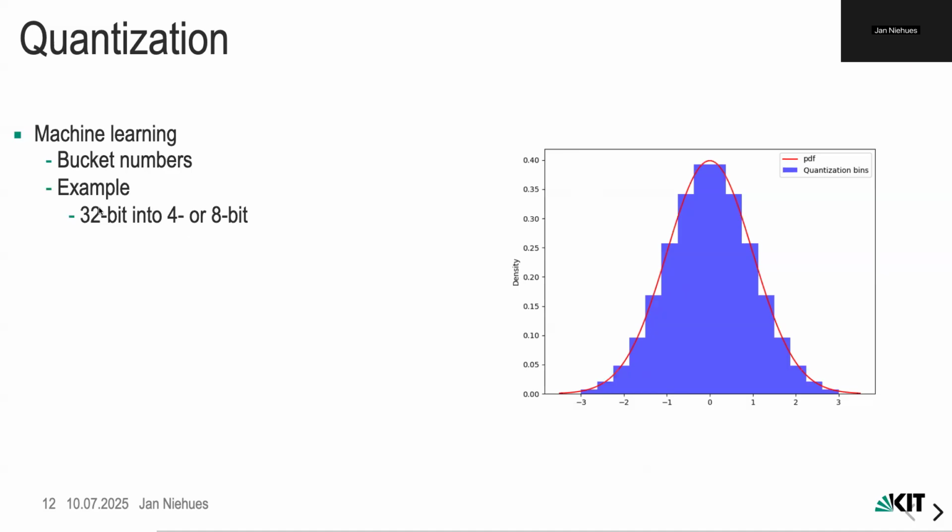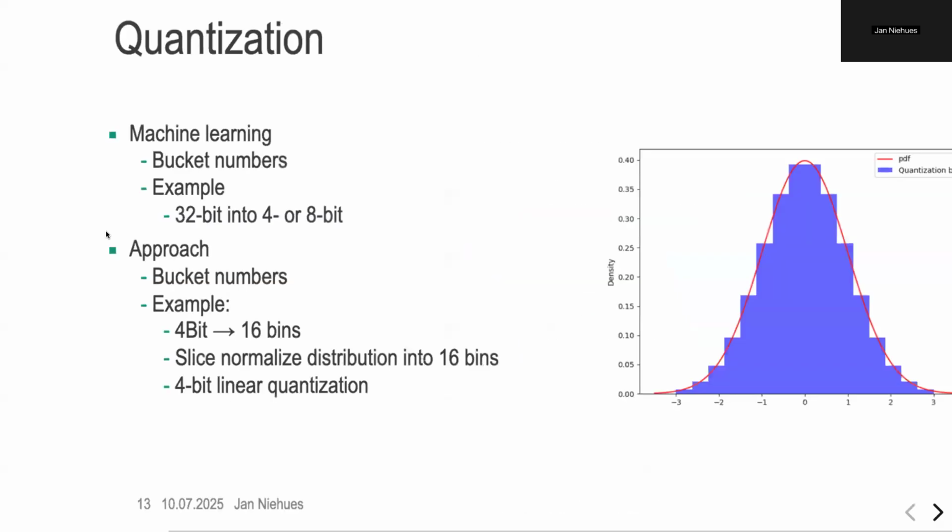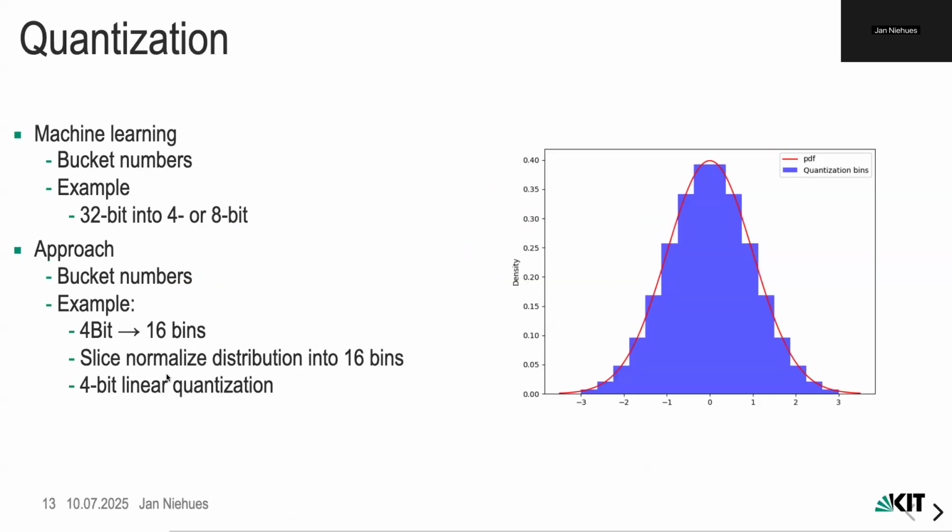And then, for example, we can go from a 32-bit value into a 4 or 8-bit value, only storing 16 possible values. Meaning that we slice our distribution into 16 bins for 4-bit, and then we are just storing in which bin they are.